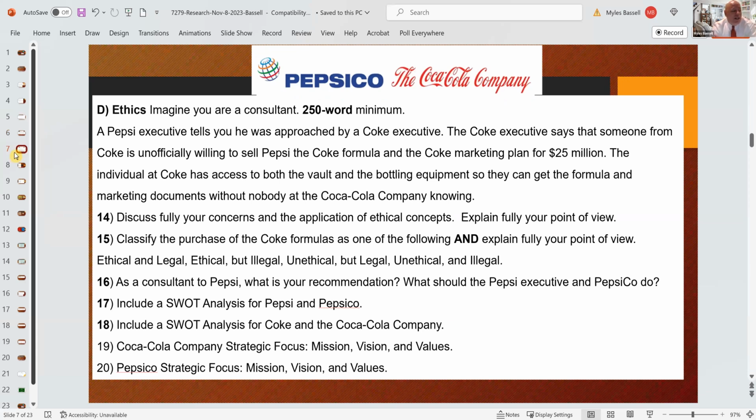Now, there's another component. This also has to do with ethics. So imagine that you're a consultant and you're dealing with this issue. An executive at Pepsi comes to you and says, you're not going to believe this, but somebody from Coke approached me and they said that they have access to the Coke marketing plan and they're willing to sell it to Pepsi, unofficially.